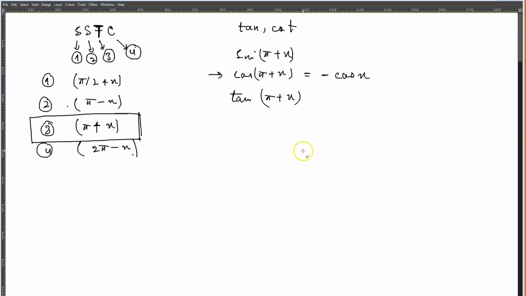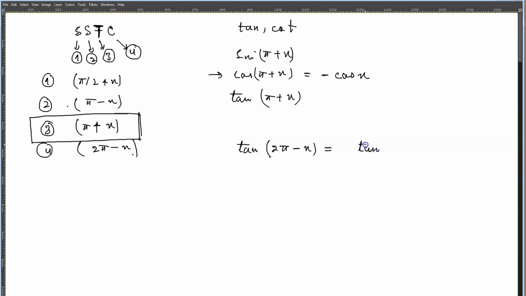Now suppose that I need, for example, tan of 2 pi minus x. So how do I do it? First of all, this is the fourth case, and of course, the trigonometric ratio itself is not going to change.